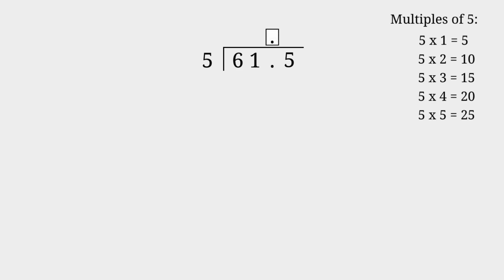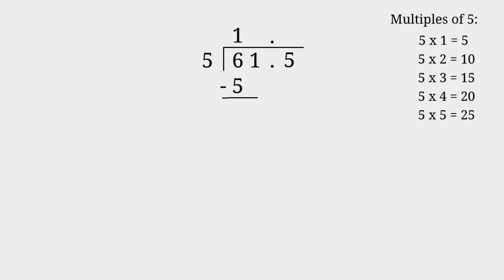The fourth example involves a decimal number divided by a whole number. Your first step is to write a comma or a dot above the line, above the other dot, then list your multiples of 5. 5 does go into 6, it does one time. 1 times 5 is 5, and write down this 5 underneath the 6.